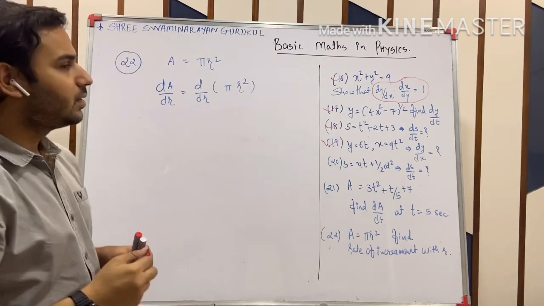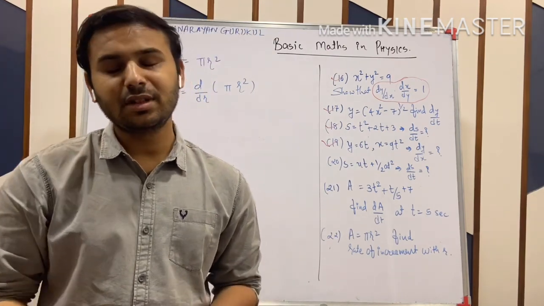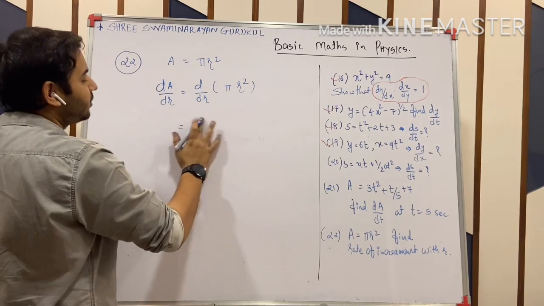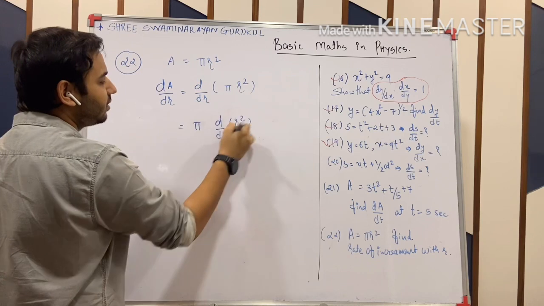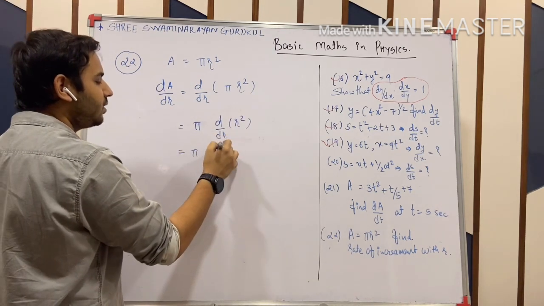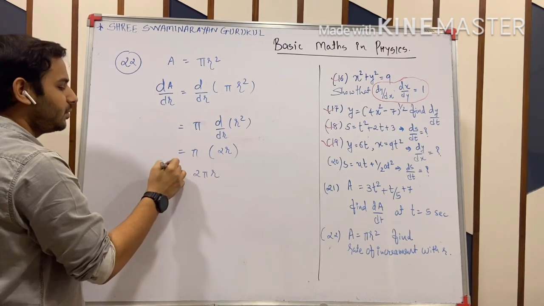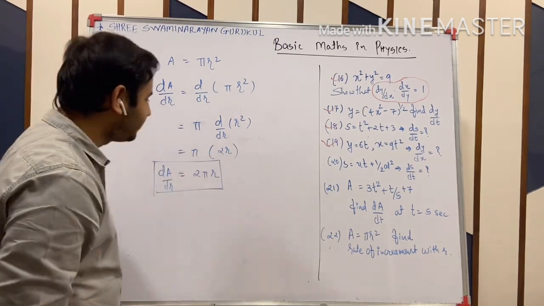Okay, now even a 2-year-old child knows that pi is a constant number, 3.14. So I'll get pi outside, d by dr of r square, and pi, differentiation of r square is 2r. Answer is 2 pi r. dA by dr. Final answer.